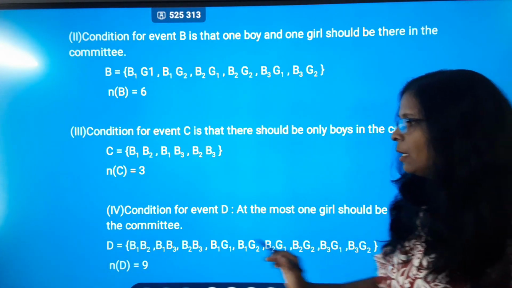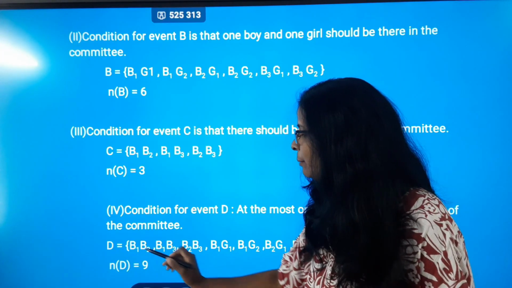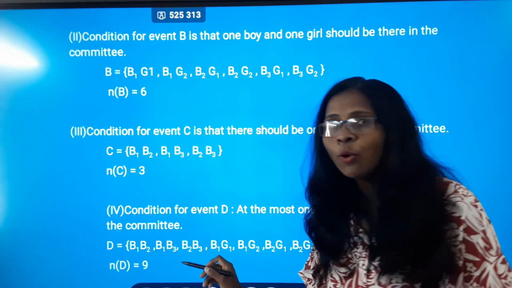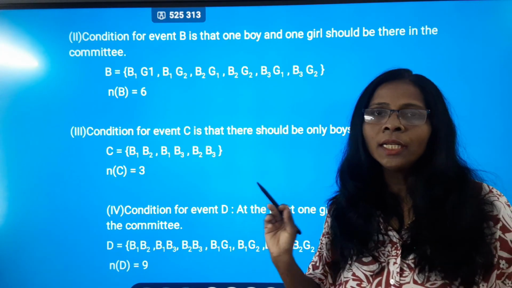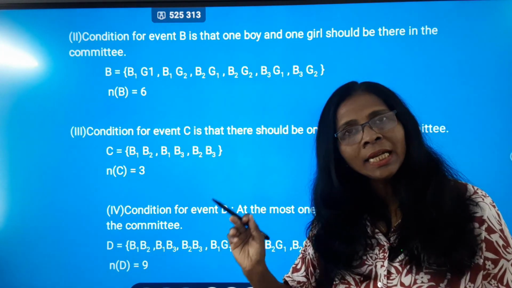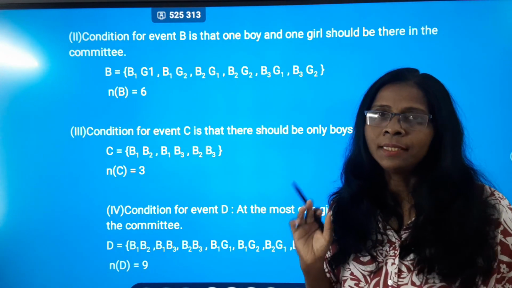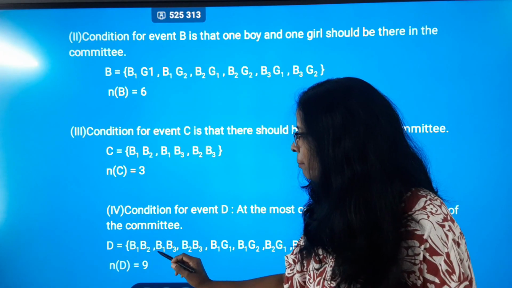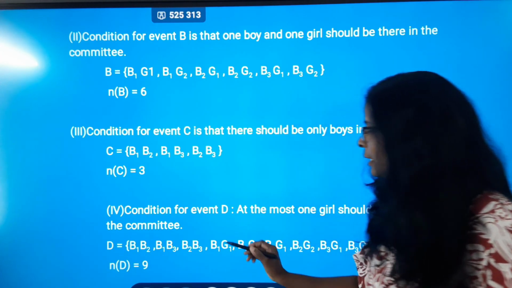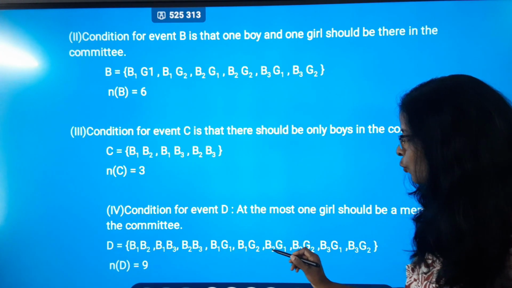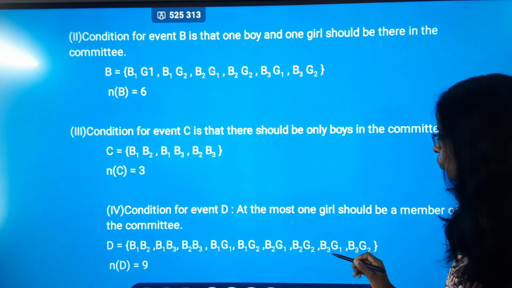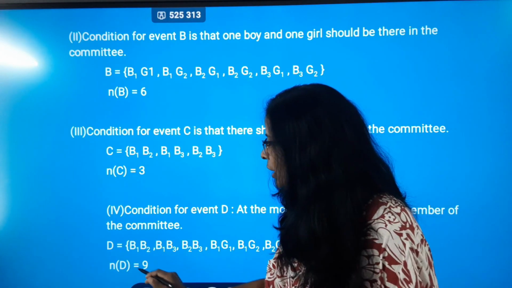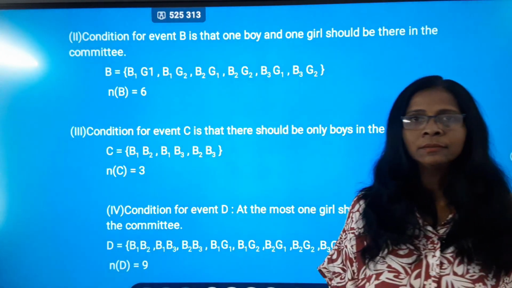That means if no girl is included in the committee, it is also accepted. So D is equal to {B1B2, B1B3, B2B3, B1G1, B1G2, B2G1, B2G2, B3G1, B3G2}. In such a way, n(D) is equal to 9.